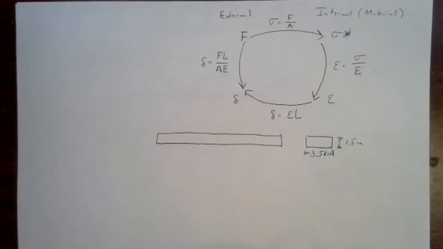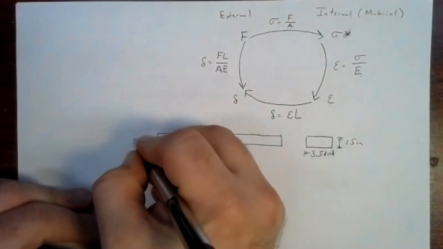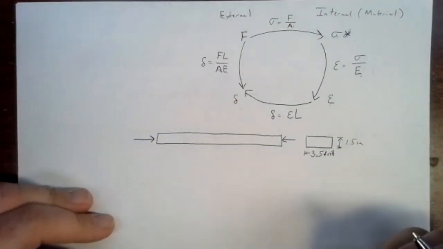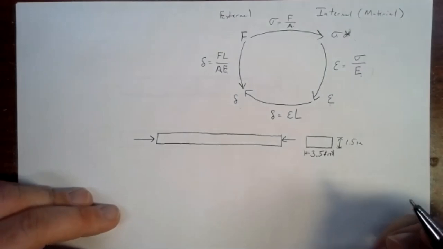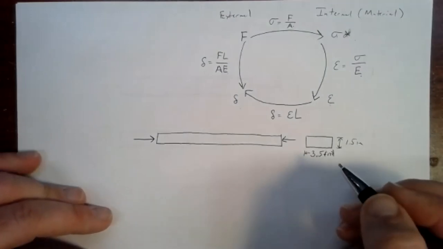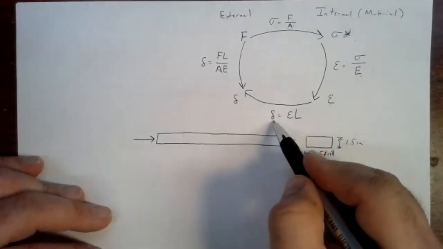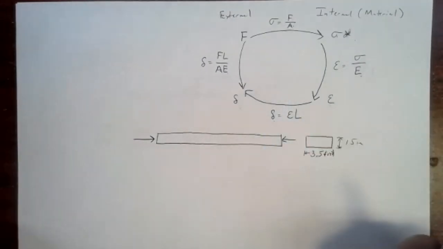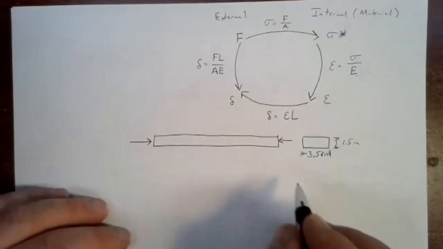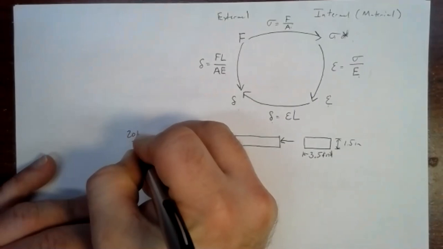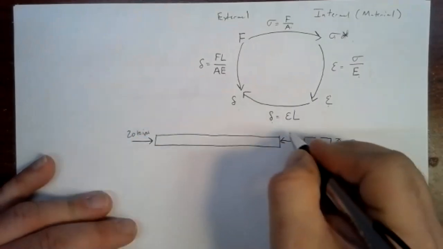So we'll take this piece here, and we'll put a compressive load on it this time. Doesn't really change anything in terms of our analysis, just how we report our elongation, because it really isn't an elongation in this case, it's a shrink. So we'll see how that works out here. Let's put 20 kips on this.